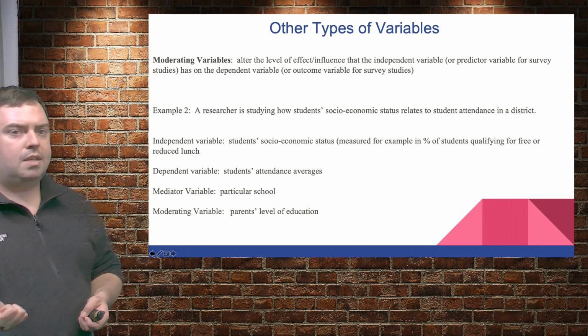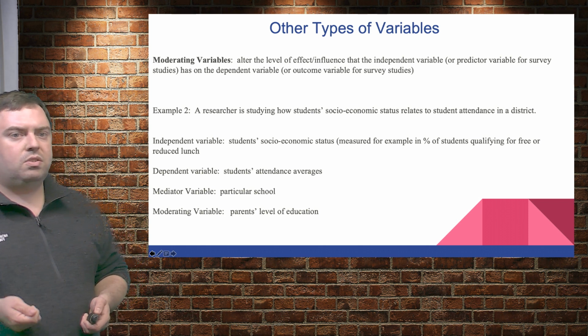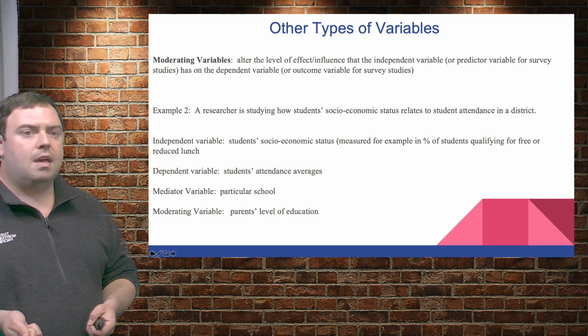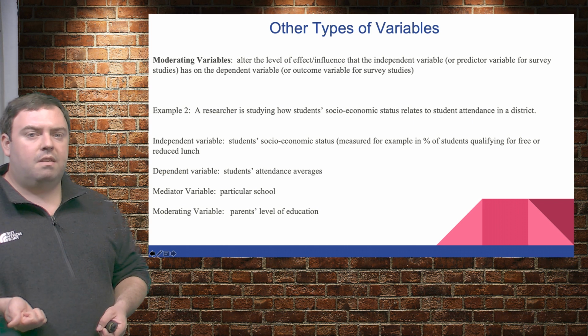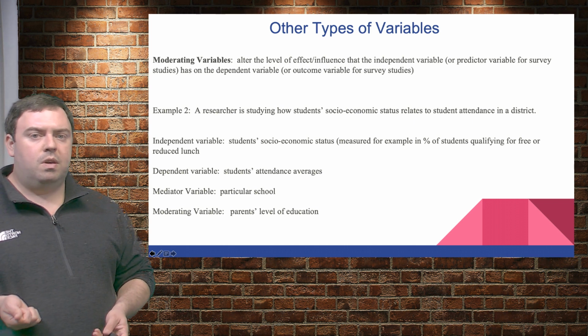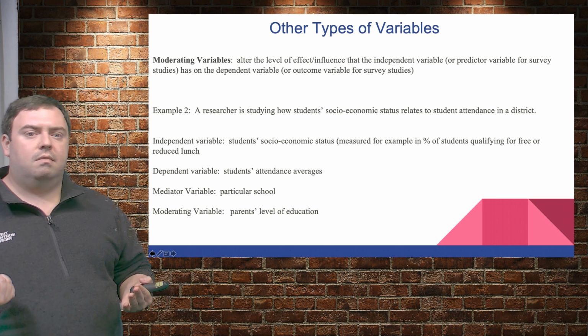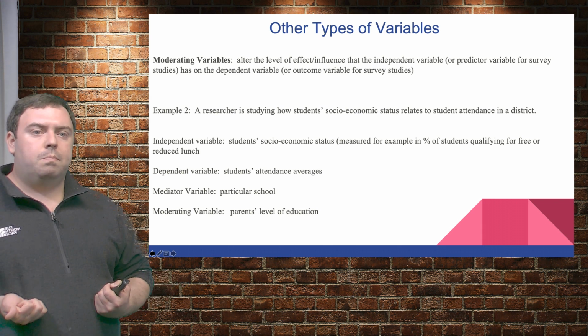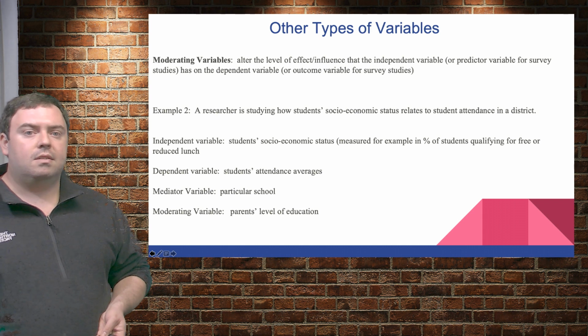So let's look at another example. If you were studying the relationship between students' socioeconomic status and school attendance rates in a district, your independent variable, the one that we think is predicting the other, that's determining the other, would be students' socioeconomic status.